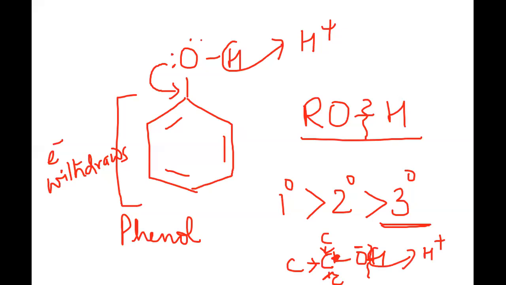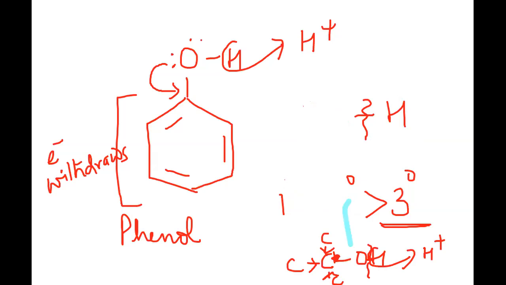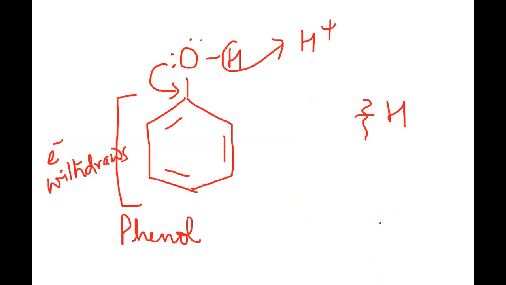However, the phenols are considered to be more acidic than the alcohols due to the resonance stabilization of the phenoxide ion. Now, what is a phenoxide ion? Why is it resonance stabilized? To understand that, let us come to this part again. Once the phenoxide ion has been formed, the resonance stabilization occurs.